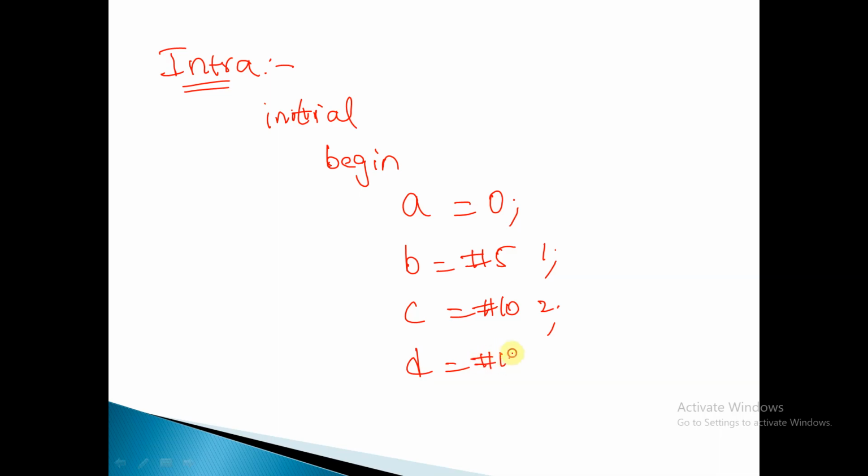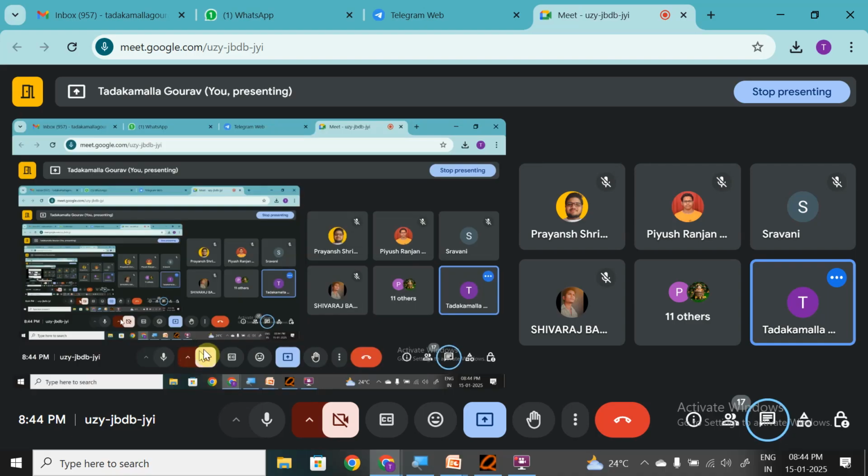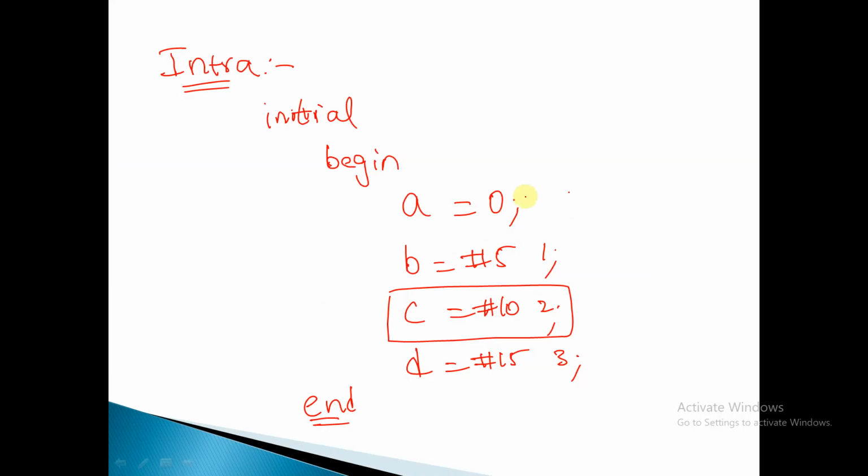Now tell me, after how many time units will my C be equal to 2? See the execution: A is equal to 0, B is equal to hash 5 1, C is equal to hash 10 2, D is equal to hash 15 3.